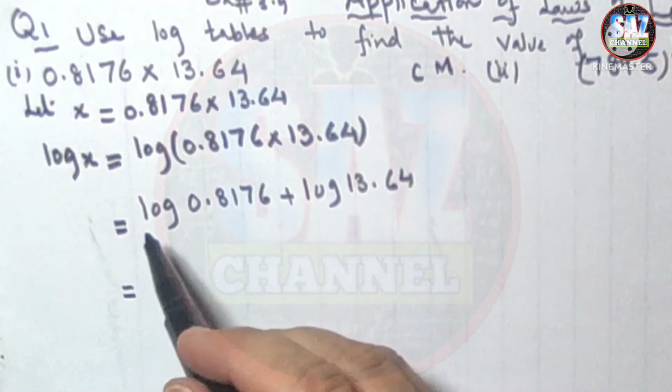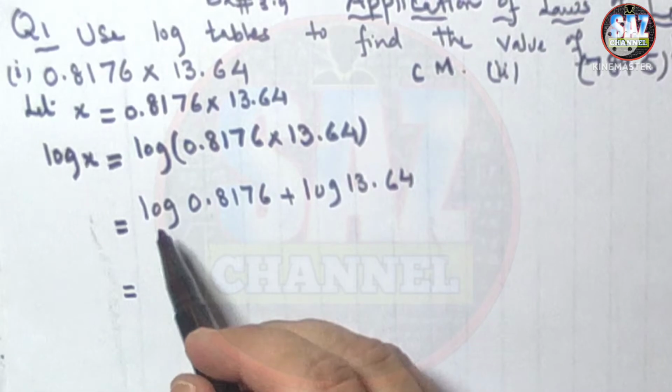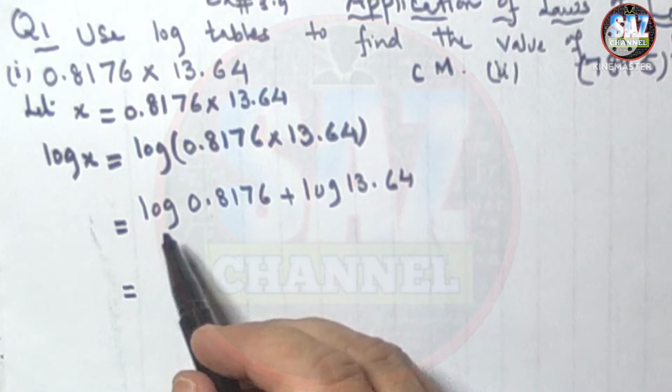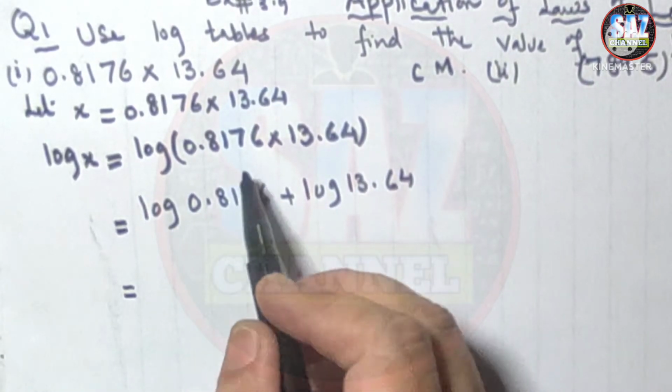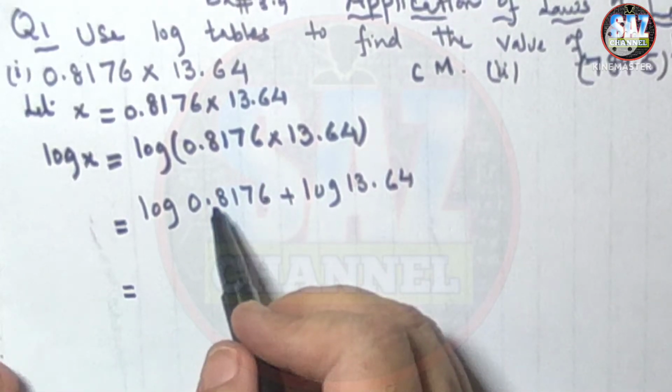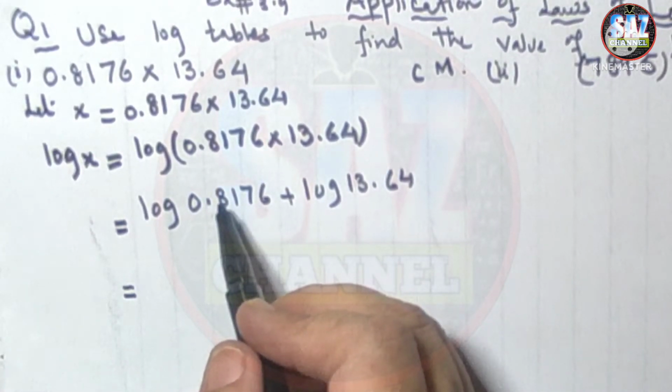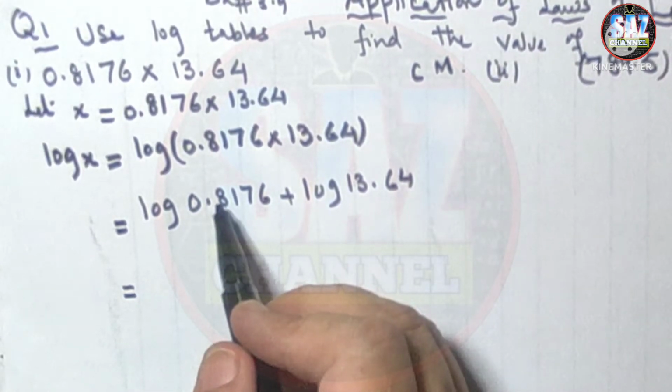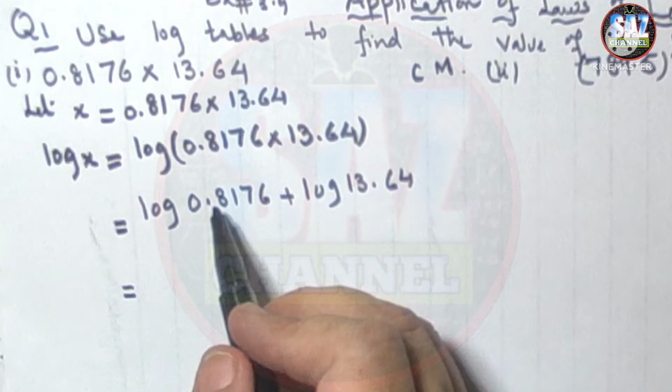Once again let me discuss this point: the characteristic of the log of a number which is less than 1 will be negative. This point has to be really clear to my students: as this number is less than 1, the characteristic will be negative, and it's 1 more than the number of zeros immediately after the decimal point.